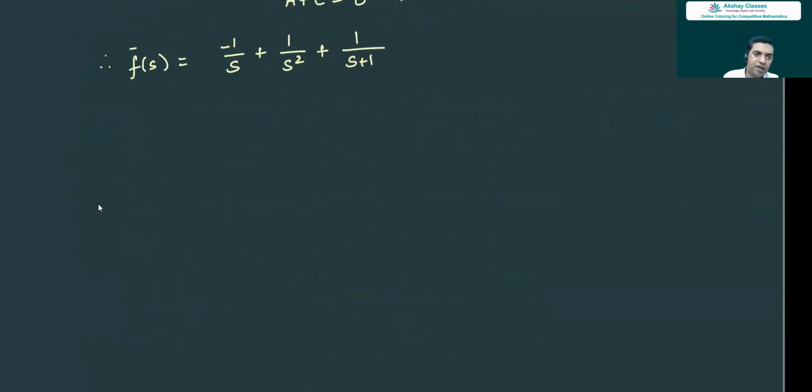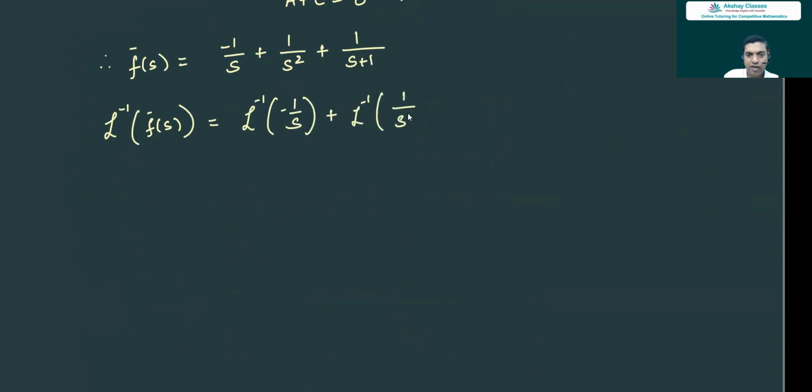Okay. So now the Laplace inverse of this is the Laplace inverse of the first term, minus 1 by s, plus the Laplace inverse of 1 by s square, plus the Laplace inverse of 1 by s plus 1.